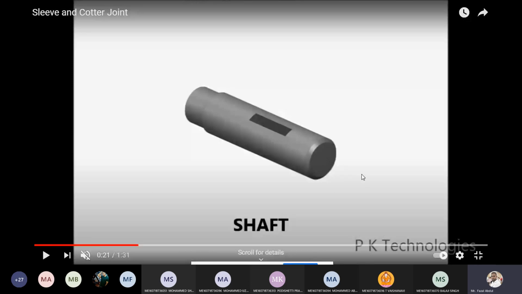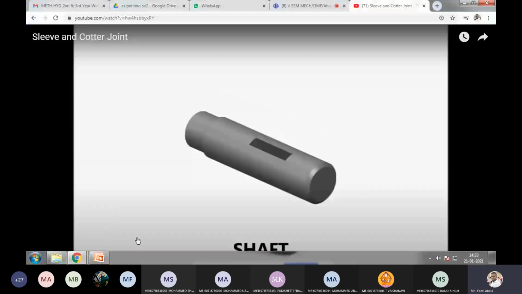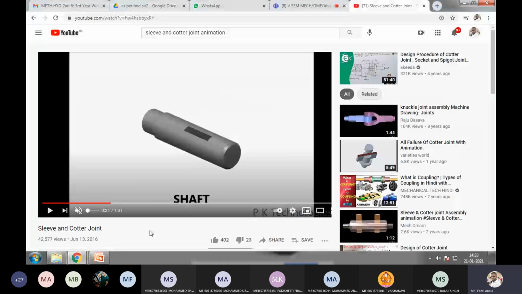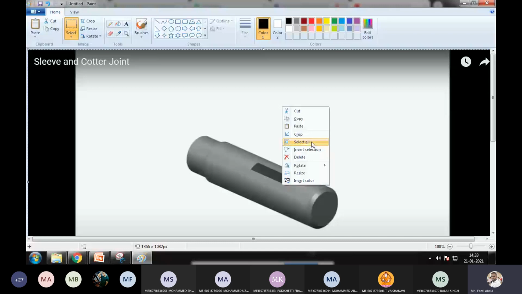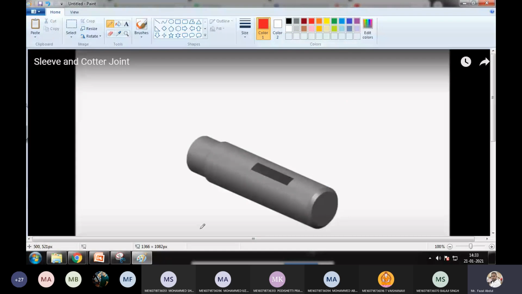Now we are applying the load in this manner.